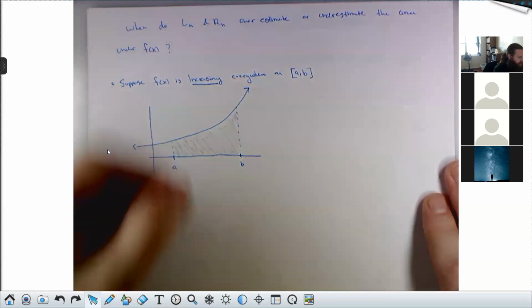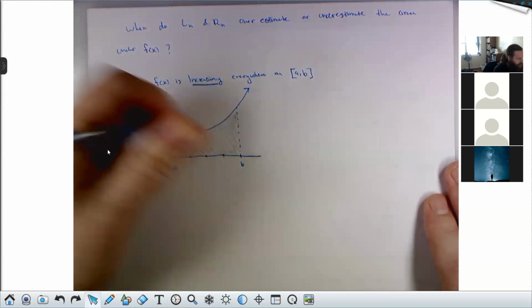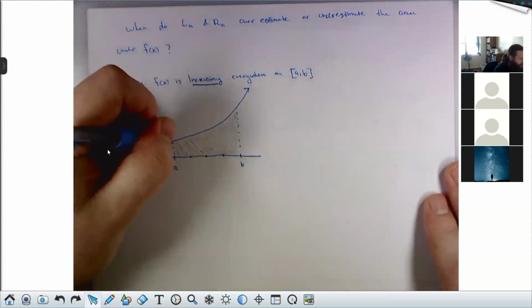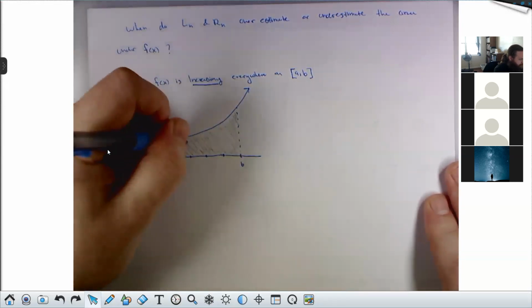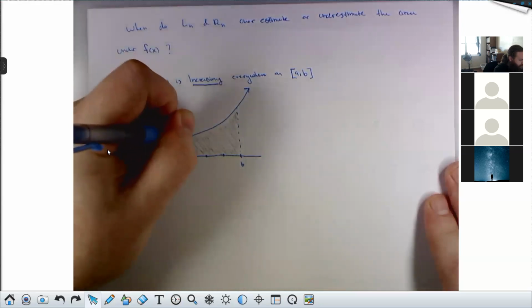Then if I come in here, I'll draw L4 just so we have a concrete example. If I come in here with my left endpoint Riemann sum, then it will underestimate the area.